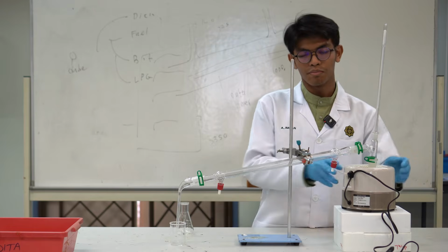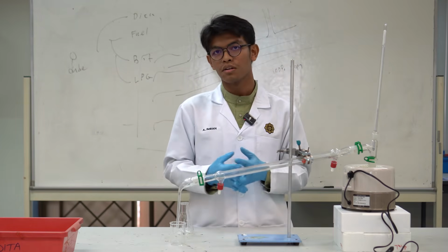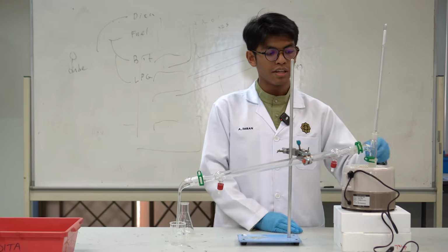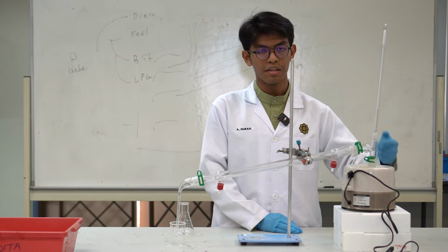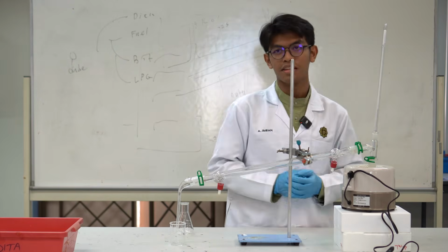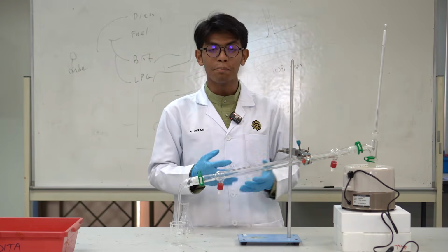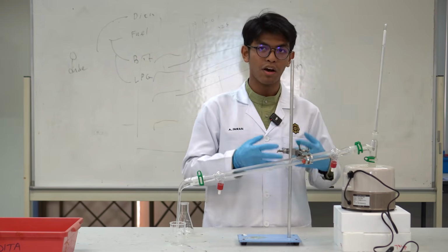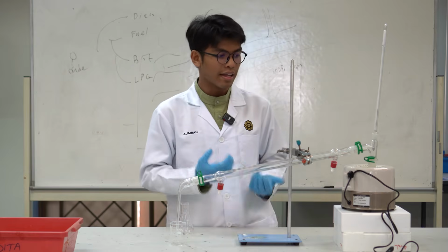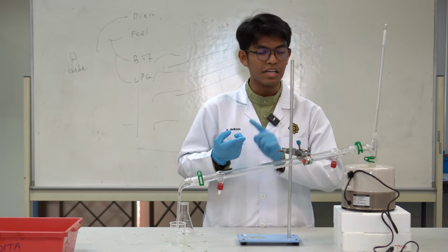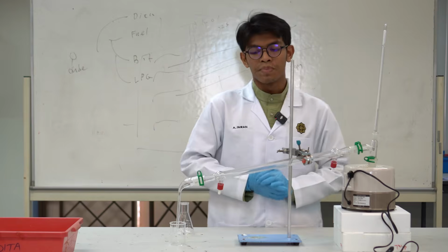When people are unaware of the heating mantle, they may touch the inner part of it, which is actually at high temperature. It can cause burns and injuries on your hands or fingers.